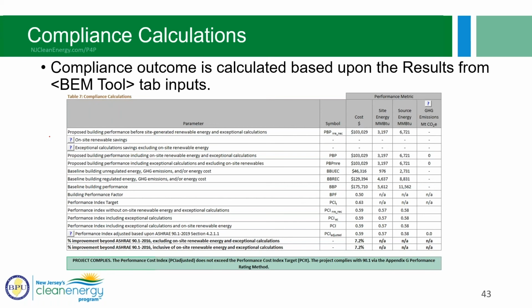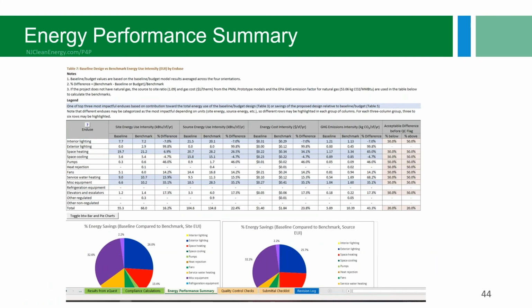Then there's this new tab. It's called Energy Performance Summary. And I love this tab because it allows you to basically compare the results of the model to different benchmarks. So DOE, PNNL created some prototype models that are representative buildings for the different versions of 90.1.